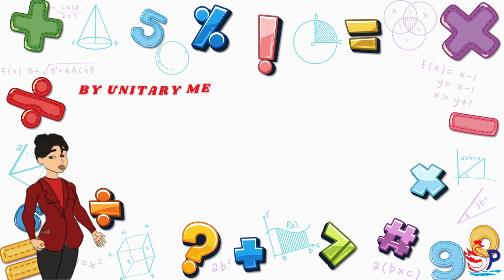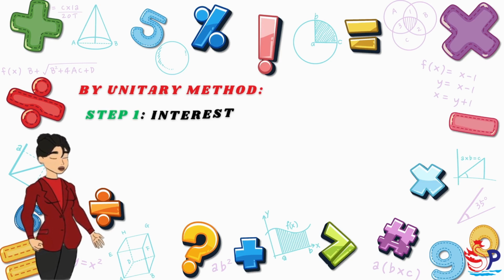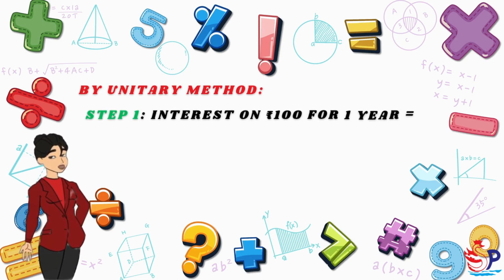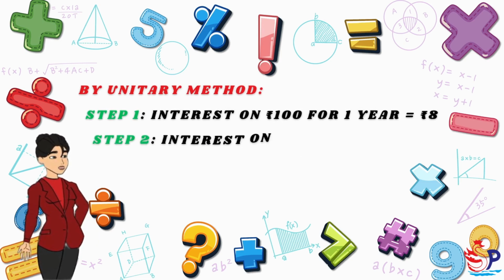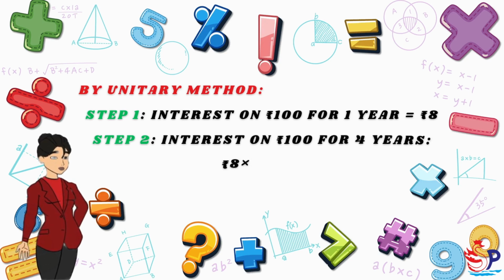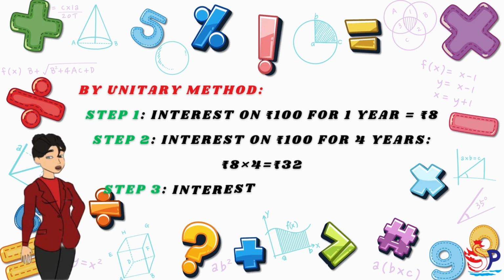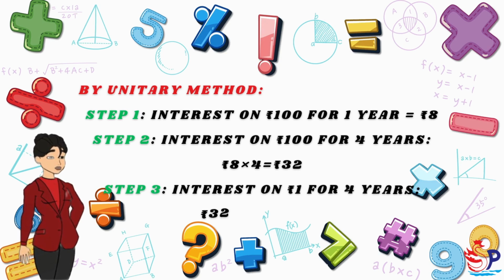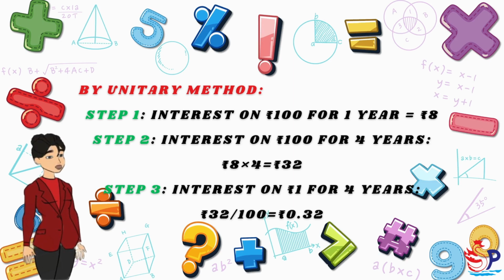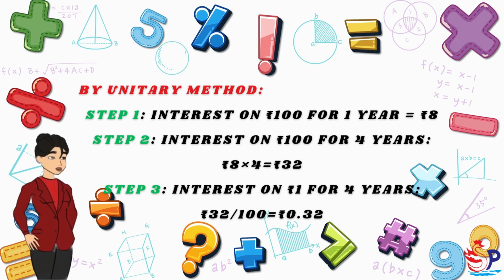By unitary method. Step 1. Interest on 100 rupees for 1 year is equal to 8 rupees. Step 2. Interest on 100 rupees for 4 years: 8 rupees multiplied by 4 is equal to 32 rupees. Step 3.